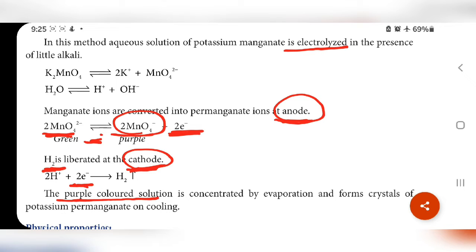So only hydrogen gas is liberated at the cathode. The purple color solution is concentrated by evaporation and forms crystals of potassium permanganate on cooling.